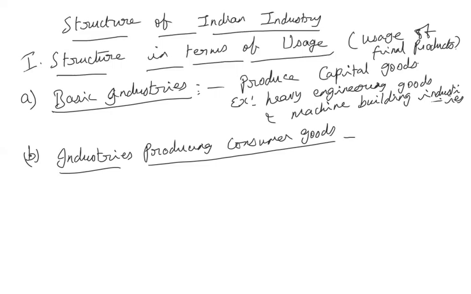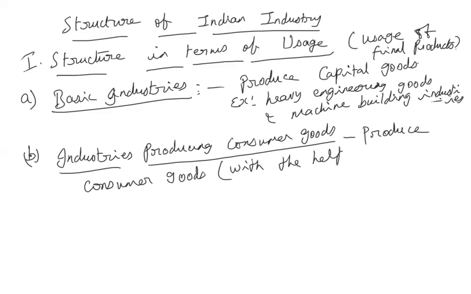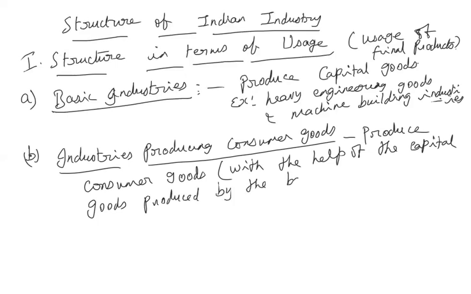Okay. So these industries produce consumer goods. So how are they producing consumer goods? With the help of the capital goods produced by the basic industries.